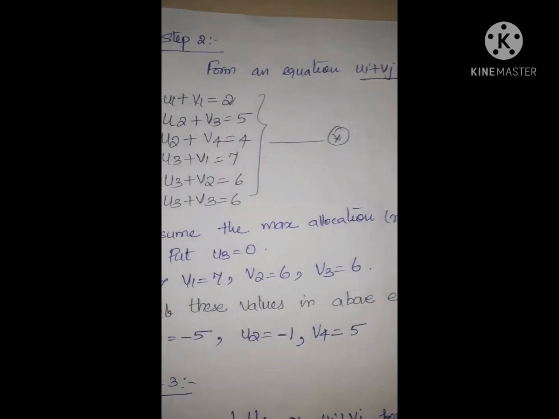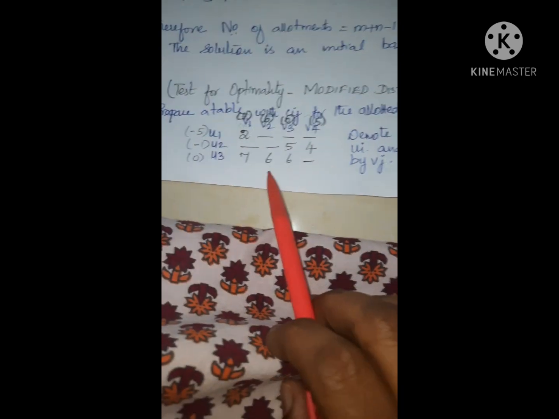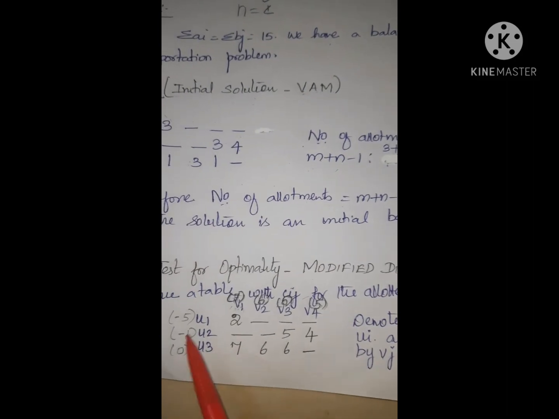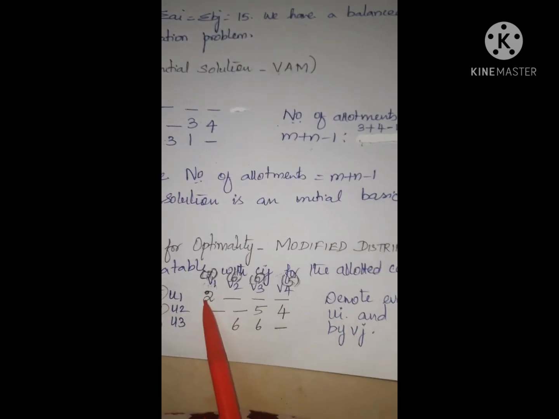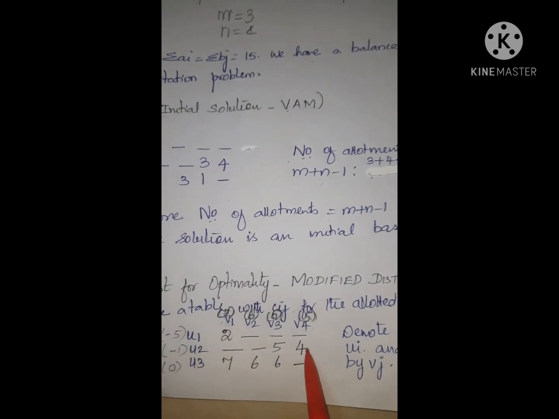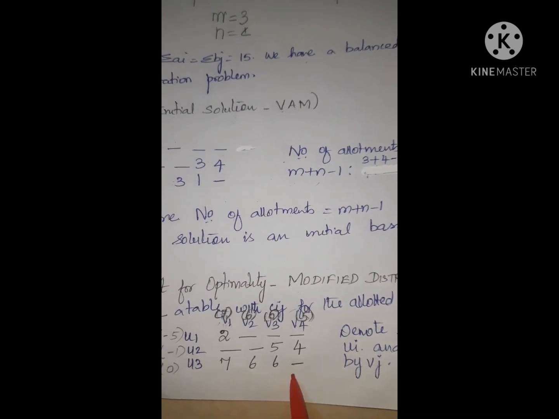How are we going to do so? We look in our step 1 table at which row or column has more allocations. The first row has only 1 allocation, second row 2 allocations, third row 3 allocations.